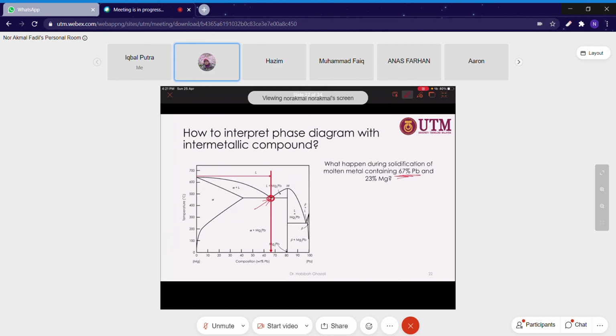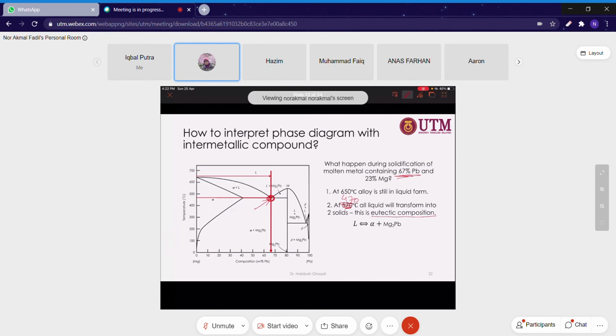It is eutectic because it transforms from liquid to two different solids, which are alpha and the intermetallic magnesium 2 plumbum. Upon cooling, above this temperature you will obtain 100% liquid. At 470, not 500, sorry, all the liquid will transform into two solids, and of course it has the eutectic composition.